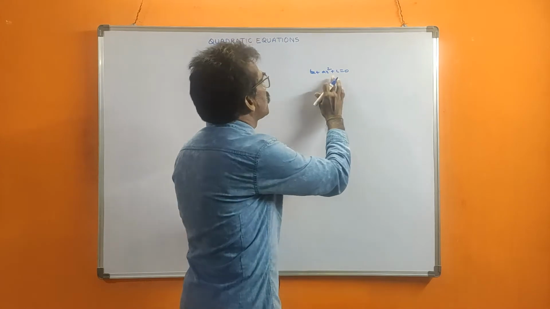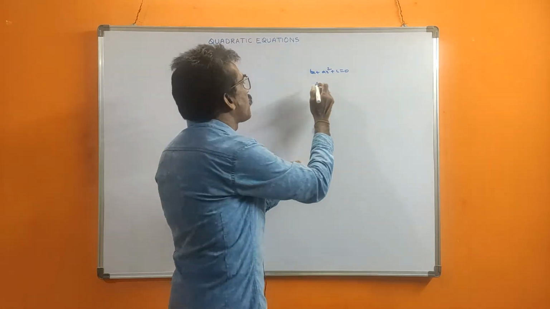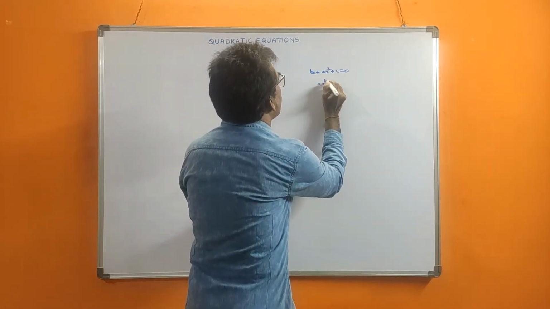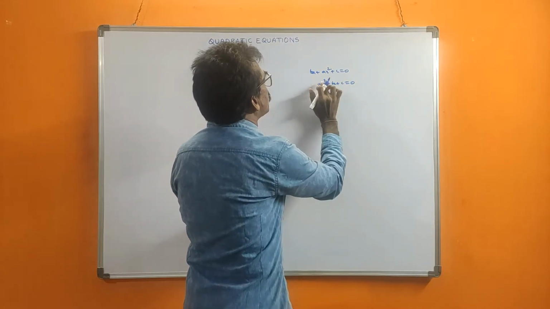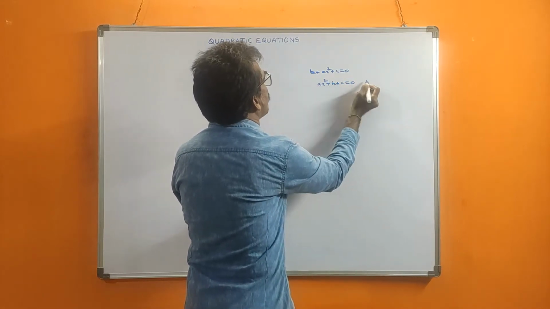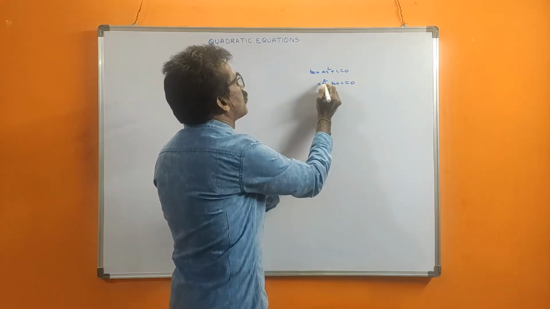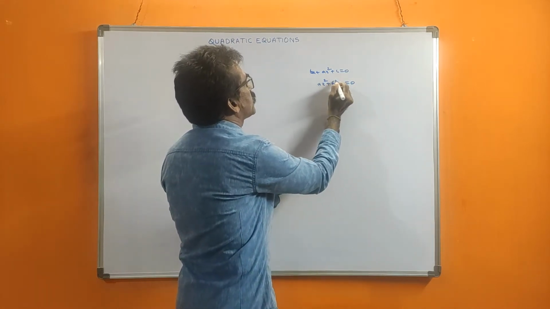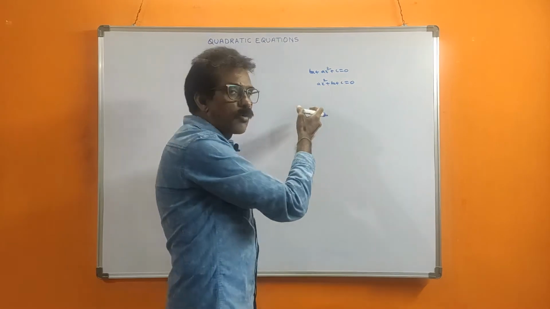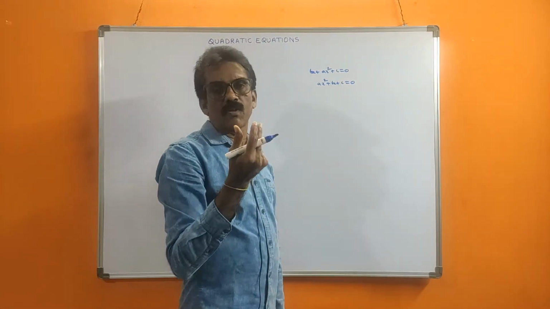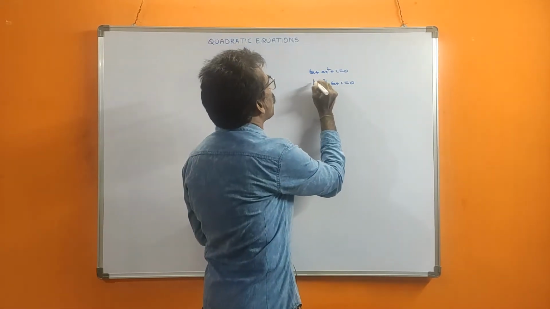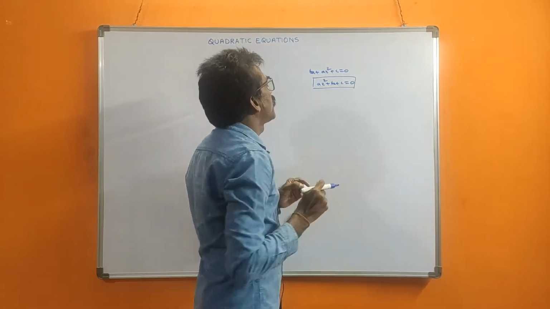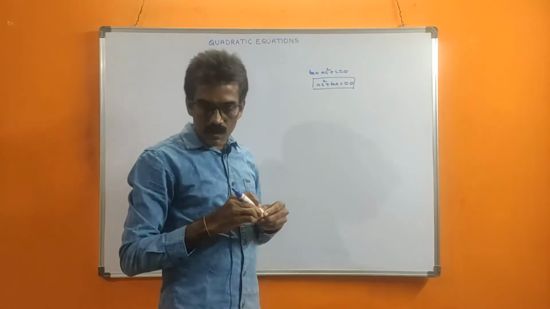The earlier one is a quadratic equation only, but not in standard form. Standard form means ax square plus bx plus c, the same, but arranged in descending order of power. The highest power is 2, the next power is 1. So this is the standard form of a quadratic equation: ax square plus bx plus c is equal to 0.